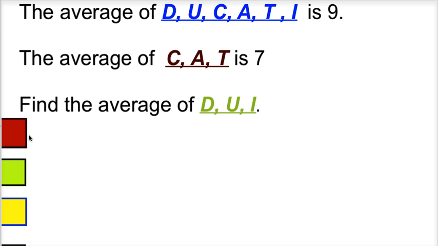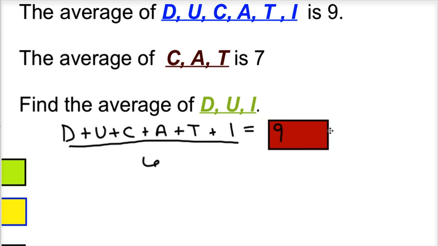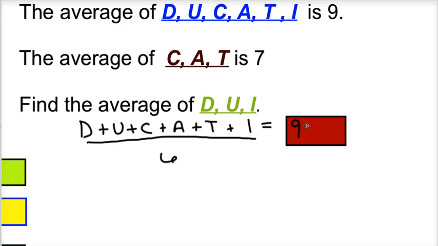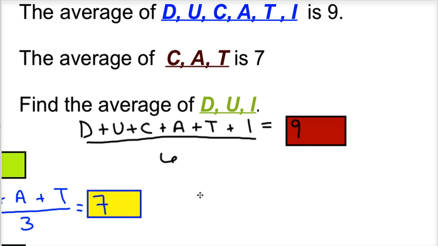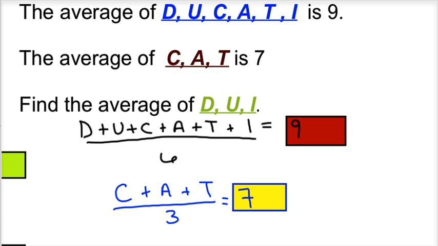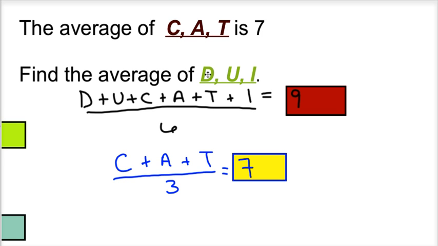So if you add up all the letters of DUCATI, divide by 6, you get an average of 9. If you add up all the letters of CAT, divide by 3, you get an average of 7. What I'm looking for is the average of D plus U plus I.